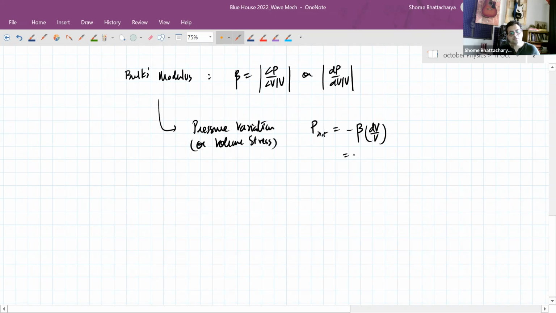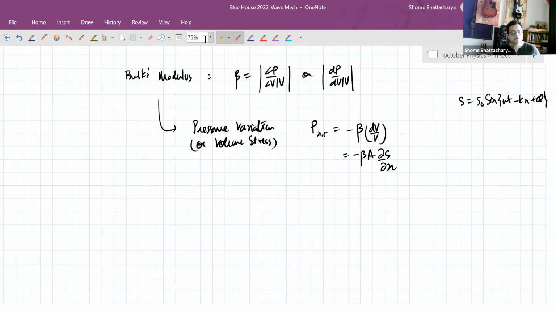That becomes minus beta into the area of cross section multiplied by del S by del x, where S is equal to S0 sin of omega t minus kx plus phi.